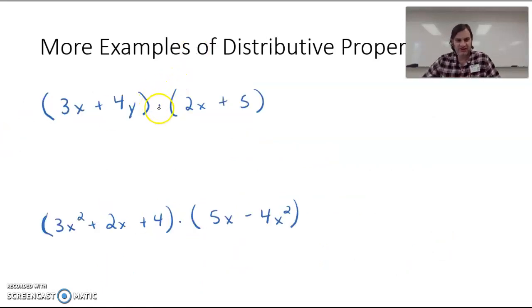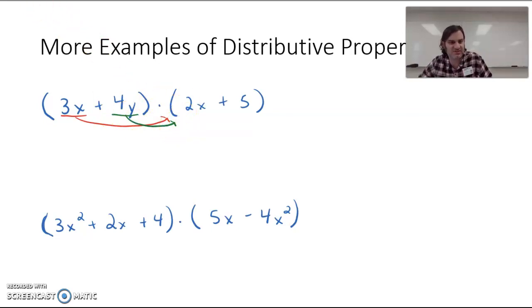So here's some more lengthy problems with the distributive property. I may not have left myself a lot of room here, but let's see. One way I like to look at things when I have polynomials multiplied together, or more than a single expression, and in this one I have 3x plus 4y times the quantity of 2x plus 5, is to take the 3x and multiply it by the other side, and take the 4y and multiply it by the other expression.